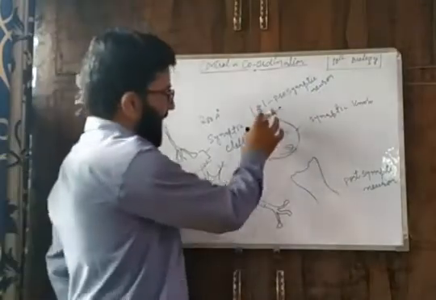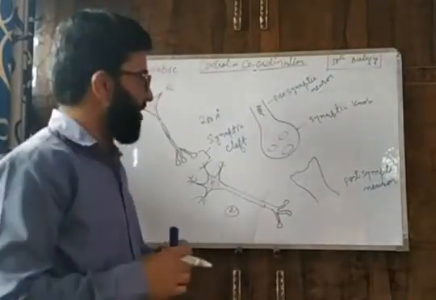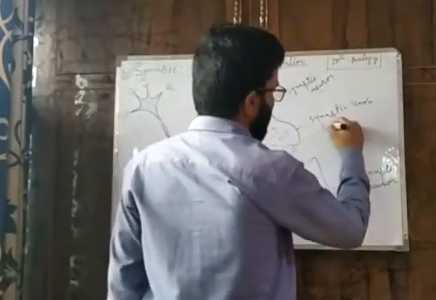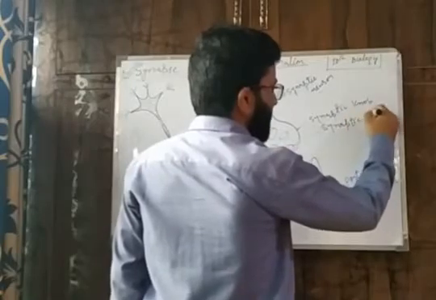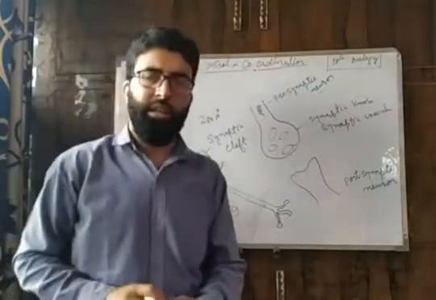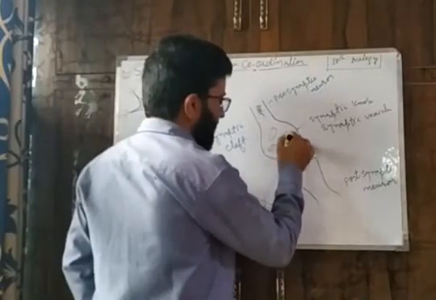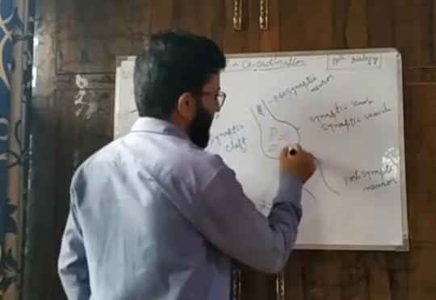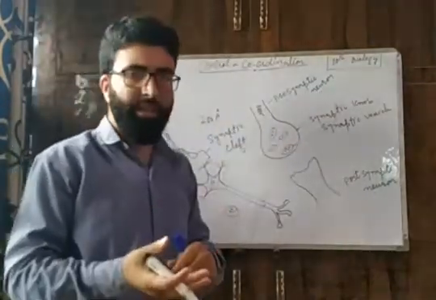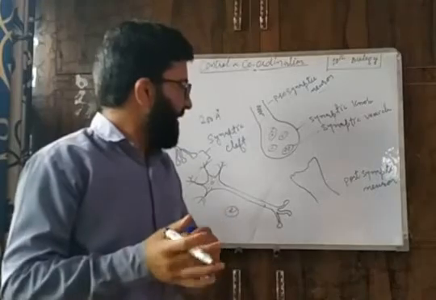Now when the nerve impulse reaches this synaptic knob, it contains vesicles which are called synaptic vesicles. These synaptic vesicles contain chemicals which are called neurotransmitters. When the nerve impulse reaches there, there is a change in the synaptic knob.